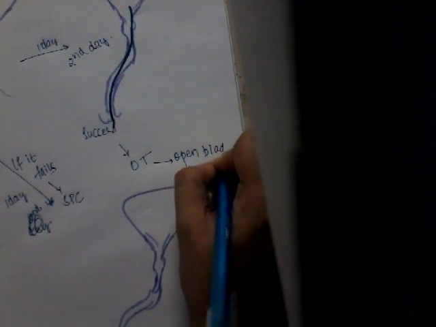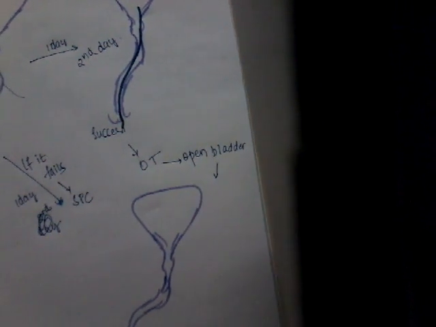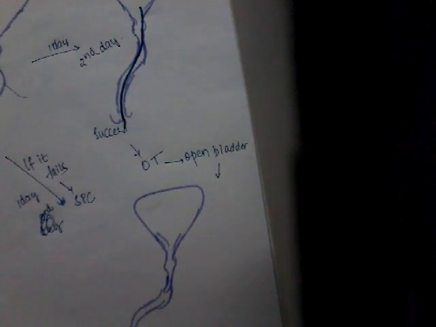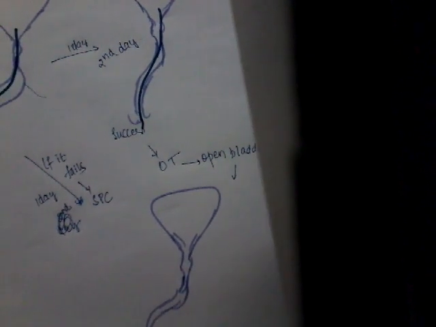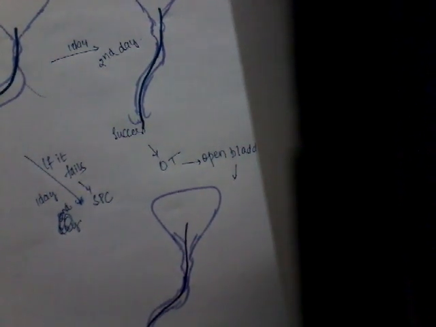In the operation theatre, open the bladder, and then pass a flexible cystoscope. There is already a soft catheter here.